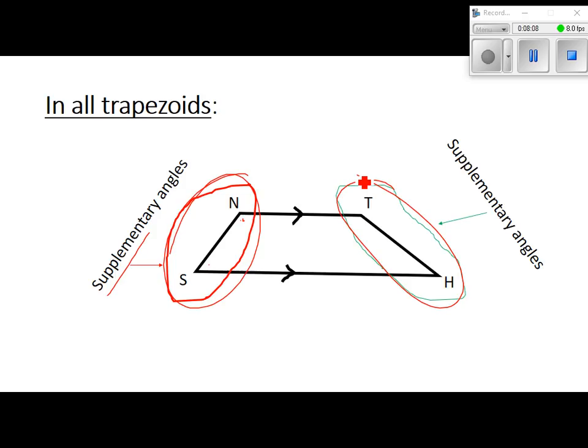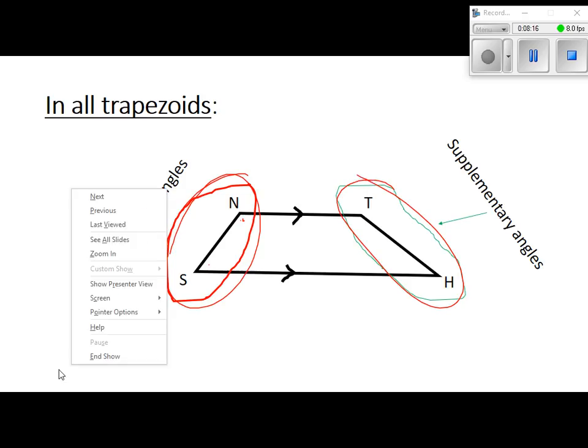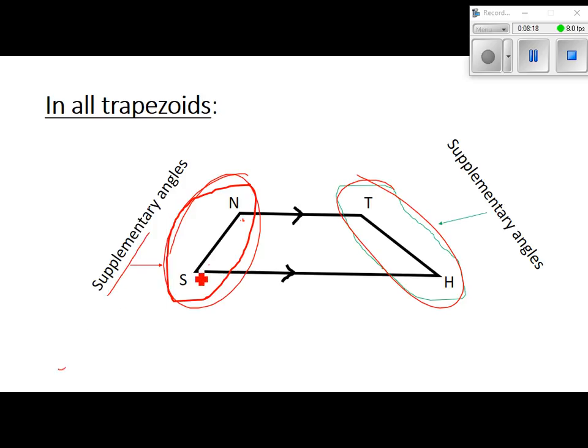So one's on top, one's on bottom. They're from the two different pairs of base angles, one from each pair. The ones that are right next to each other are actually the ones that surround a leg. So the two angles that surround the leg have to be supplementary. The two angles that surround the other leg have to be supplementary.